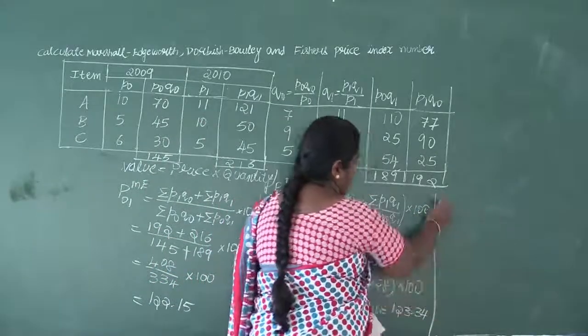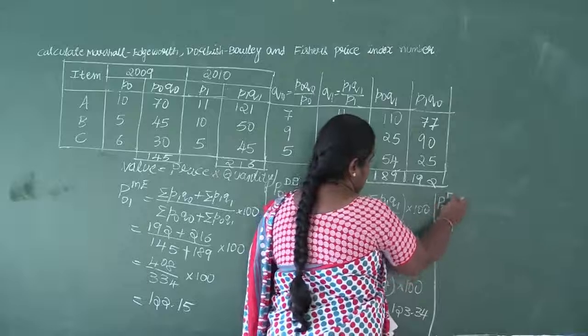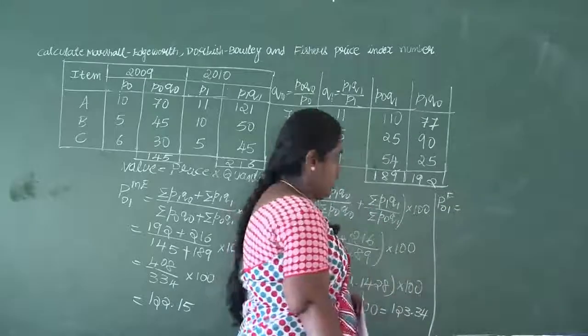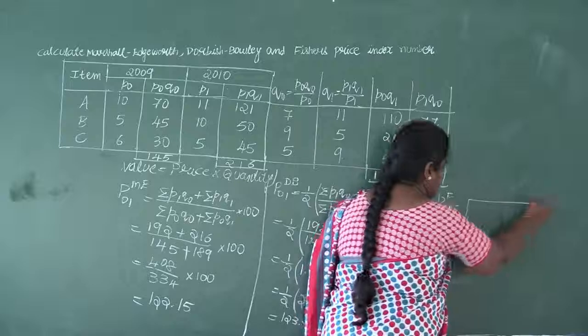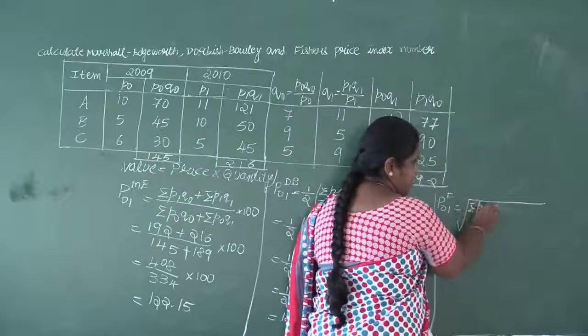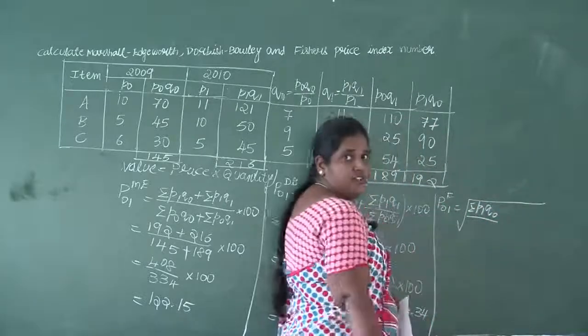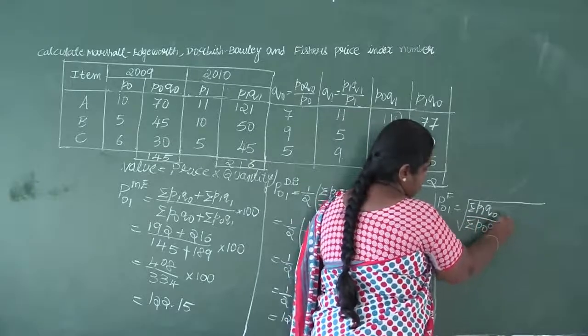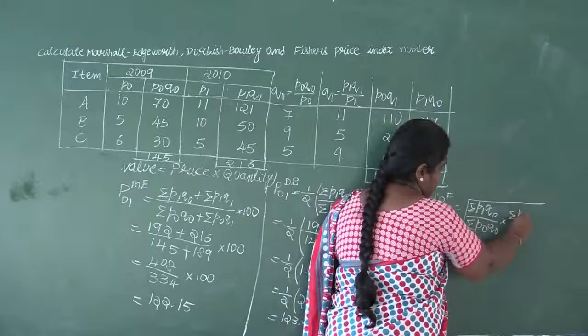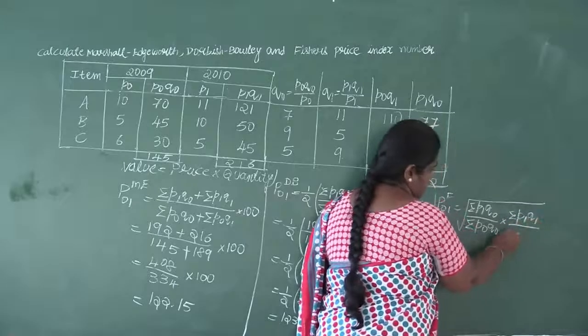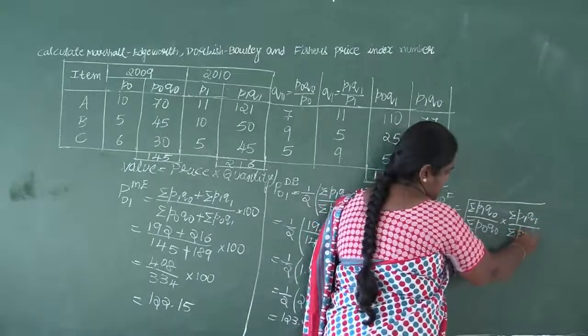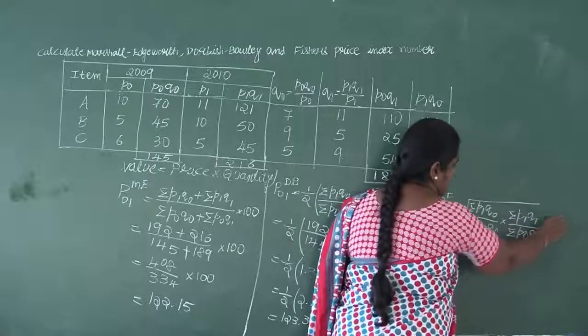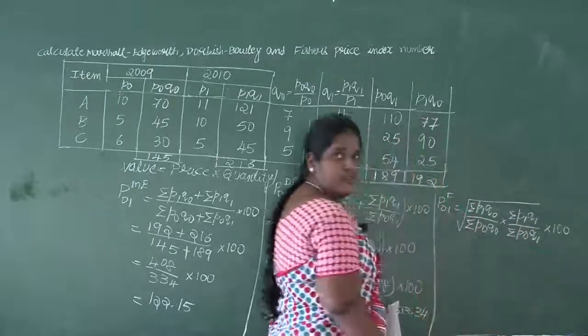Then the last one, Fisher's price index number. So P01F is the square root of sigma P1 Q0 divided by sigma P0 Q0 into sigma P1 Q1 divided by sigma P0 Q1, into 100.